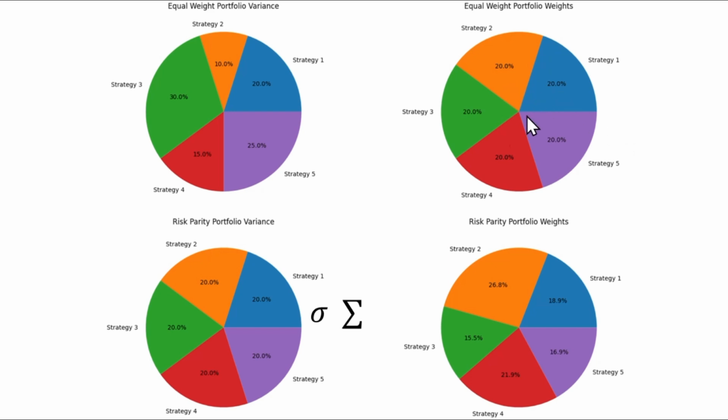On the contrary, the risk parity portfolio, knowing that each strategy has variance like this, will try to make sure every strategy eventually contributes the same amount of risk to the portfolio. And by having this in the back of your head, you then allocate the weights.